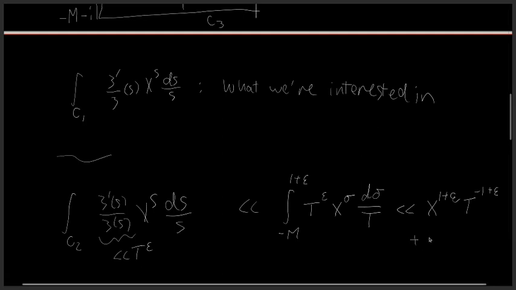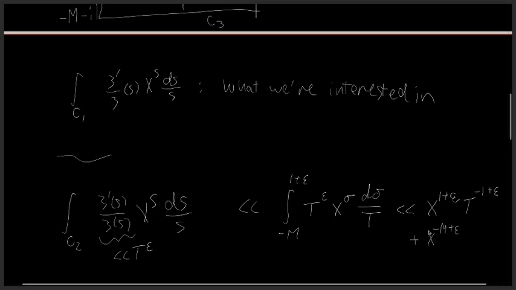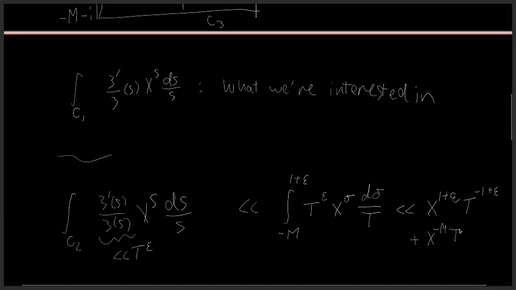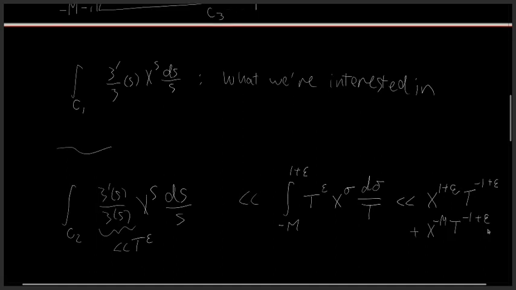So this is plus x to the minus m plus epsilon, or perhaps minus epsilon, because we have to divide it by a log, and then we still have a t to the minus 1 plus epsilon. Okay, so that's these pieces.